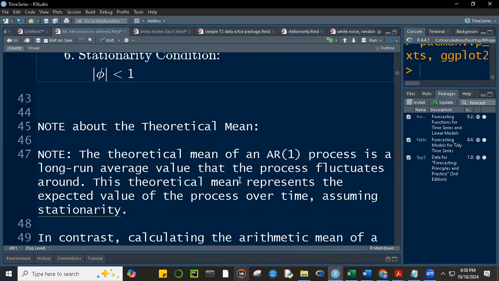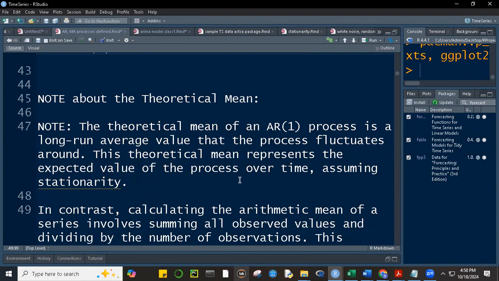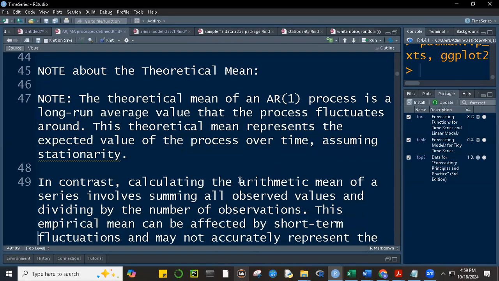Ang ginawa ko, class, binigay ko na sa inyo yung file kung saan ko kanina in my other class, kinopy-paste dun sa R para hindi na tayo magtatagal kasi kanina natagalan ako kasi minsan ayaw ni Zoom na i-send yung marami-raming lines of notes, no? So I gave you some notes about the theoretical mean. So sabi ko nga sa inyo, class, yung theoretical mean ng AR1 process, long run average value yan. Okay? Ibig sabihin nun, on the long run basis, the time series fluctuates around that value, around that mean.